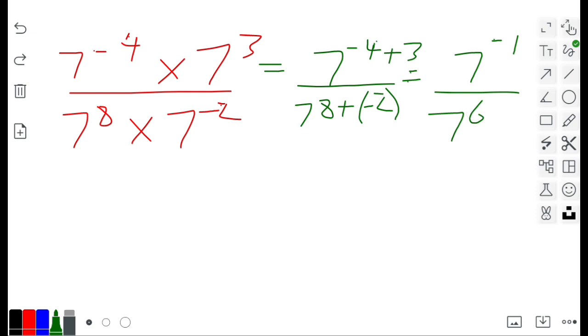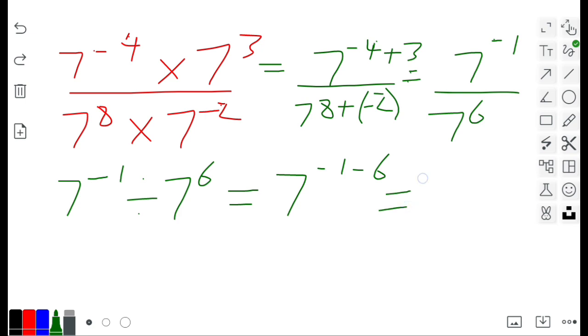Now let's take our division rule. If I'm having 7 raised to the power of minus 1 divided by 7 raised to the power of 6, this will be equals to 7 raised to the power of minus 1 minus 6, and this will be equals to 7 raised to the power of minus 7. 7 raised to the power of minus 7.